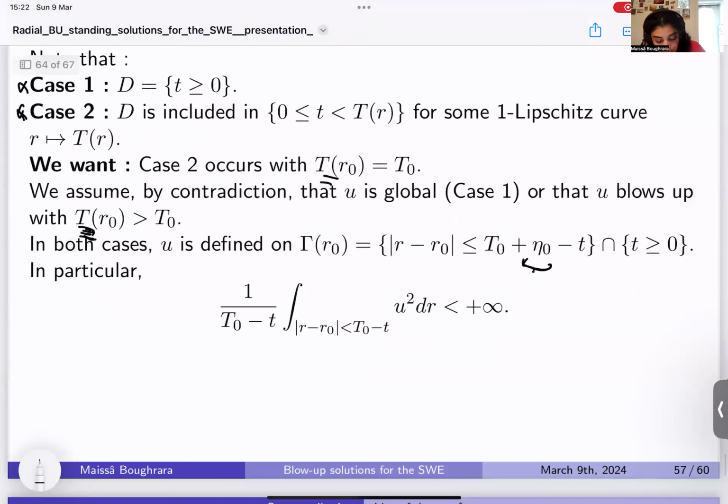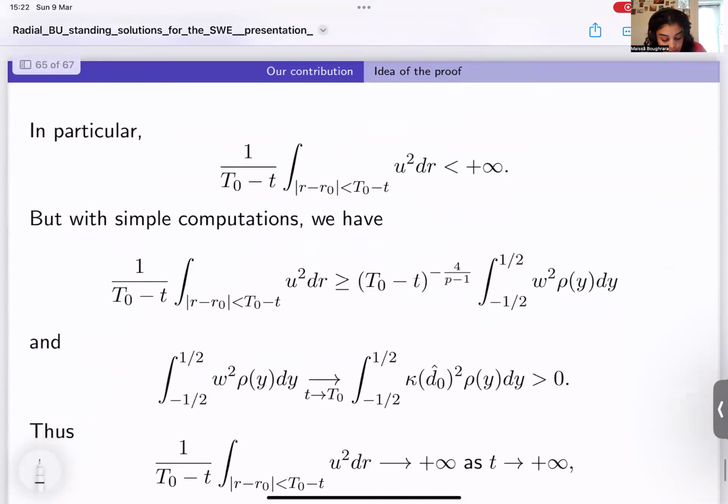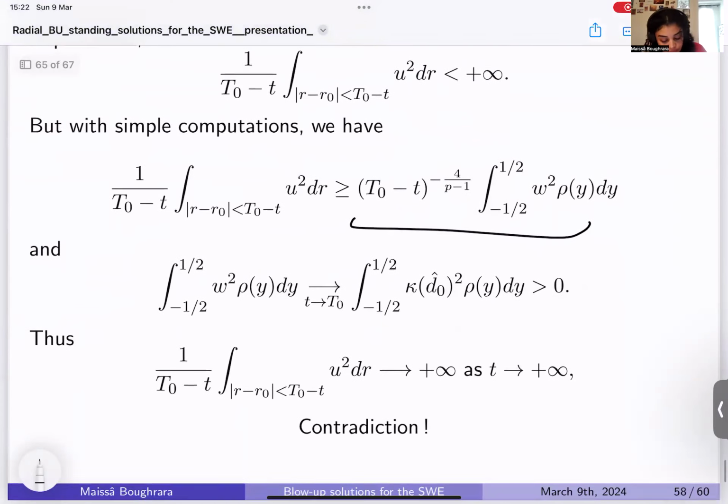In particular, the normalized L2 norm is gonna be finite, okay? But there is a problem, because we can show that this normalized L2 norm is greater than the L2 norm between -1 and 1, normalized again in similarity variables.